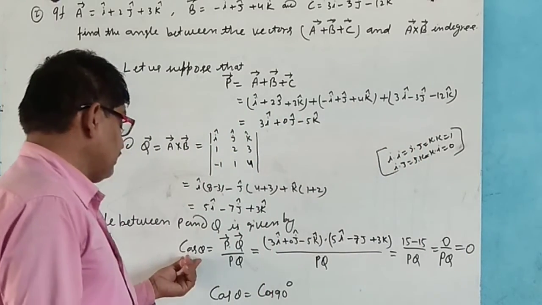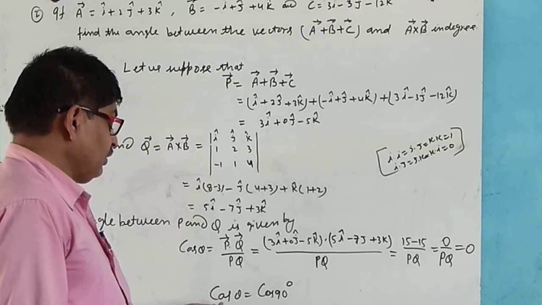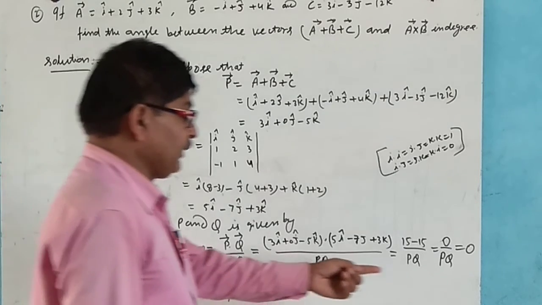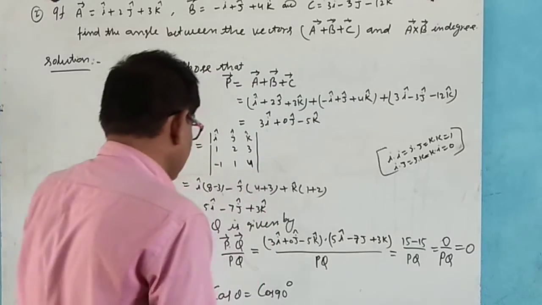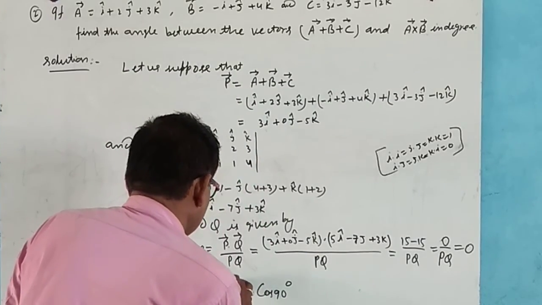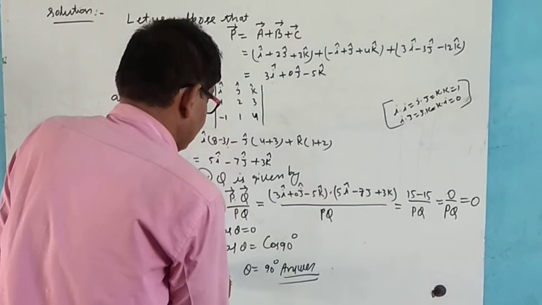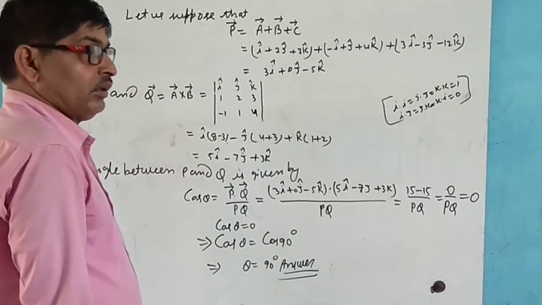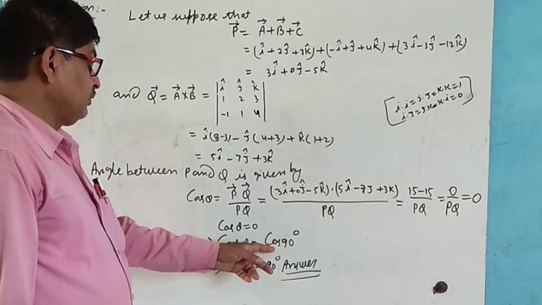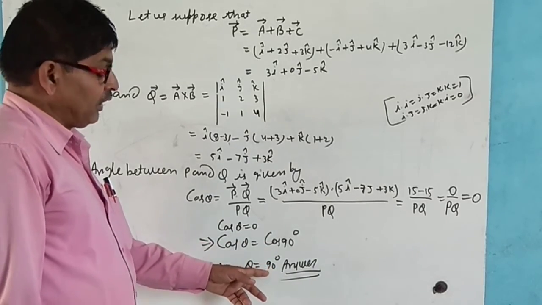It means cos theta equal to 0, that is cos 90 degrees, and theta equal to 90 degrees.